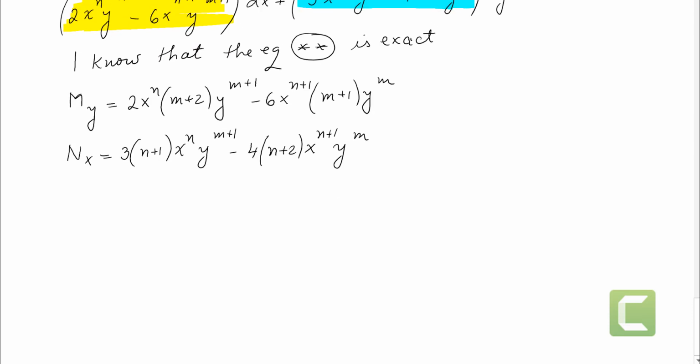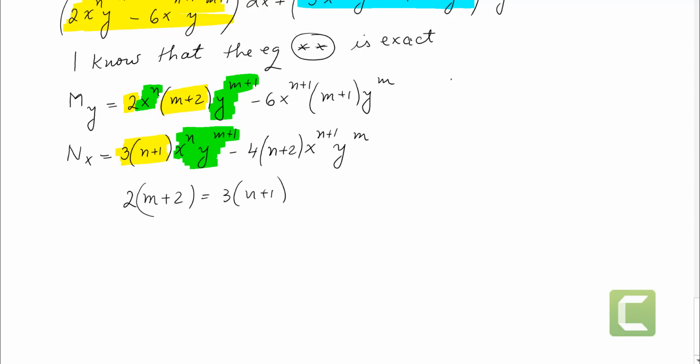We know that these two expressions must be equal to each other. So how do we do that? Well, if we compare them, this term x to the n, y to the m plus 1, is here as well. So in order for them to be equal to each other, their coefficients must be equal. So 2 times (m plus 2) must equal 3 times (n plus 1), because the derivative of M with respect to y equals the derivative of N with respect to x, the condition of exactness.